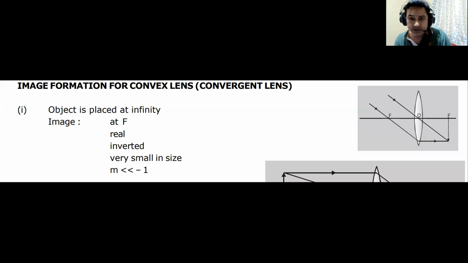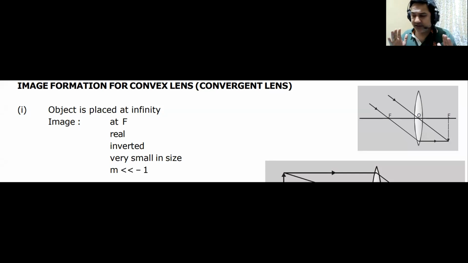Again, if you remember, in case of mirrors, we had started from infinity, then we came close beyond C, then we came at C, then we came between C and F, and then we put our object on focus, and then we move to a point between focus and the pole of the mirror.